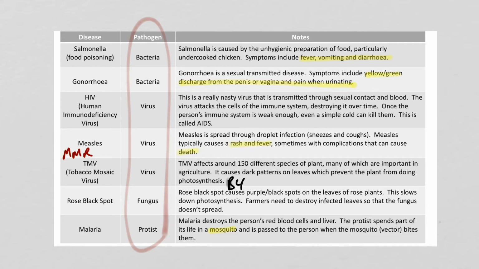And as part of that, if the Plasmodium vivax, which is the protist that causes malaria, is in the mosquito, it will also go into the person's blood, and then it can be passed back to a different mosquito the next time that a mosquito feeds on somebody. So for malaria, it's really, really important that we remember that the vector for that is the mosquito. And those are the 7 diseases that you need to remember.